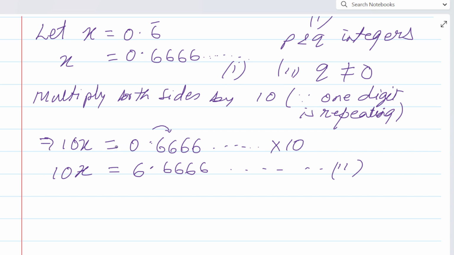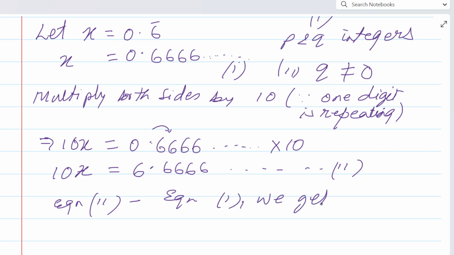Okay, what is the next step? These two equations you subtract. That means equation 2 minus equation 1.